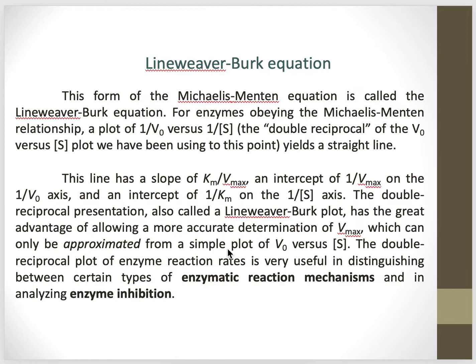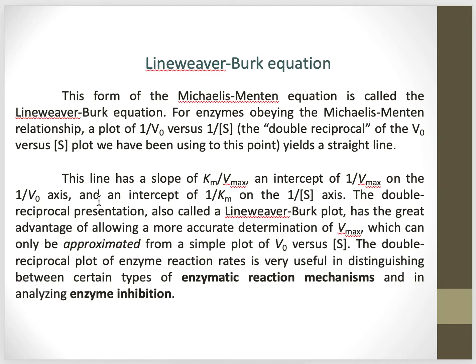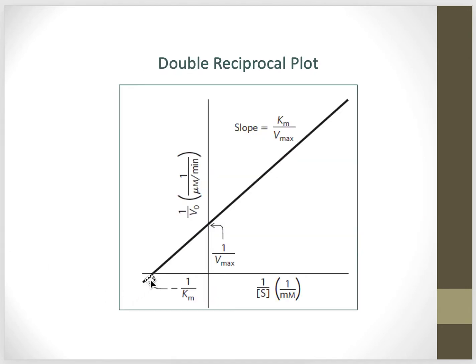It has an intercept of 1/Vmax on the 1/V0 axis here, and an intercept of -1/Km on the 1/S axis here.